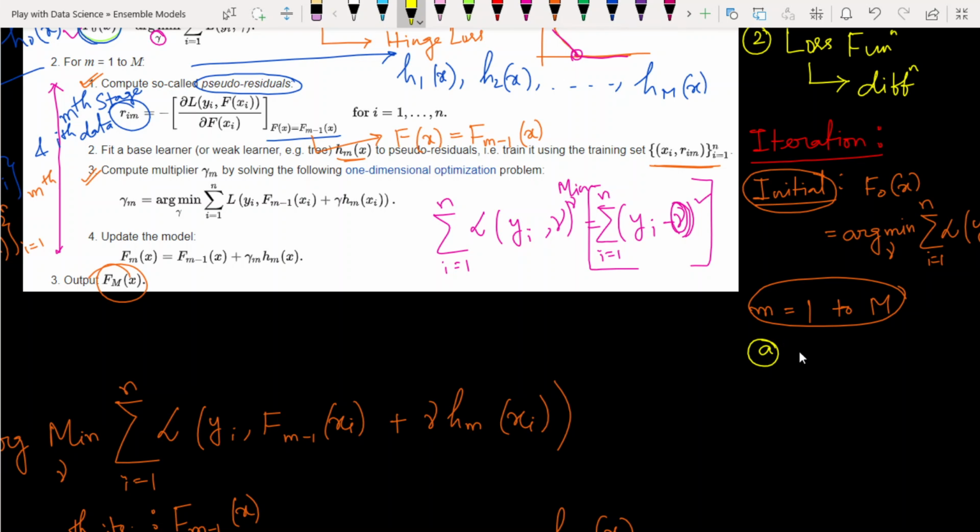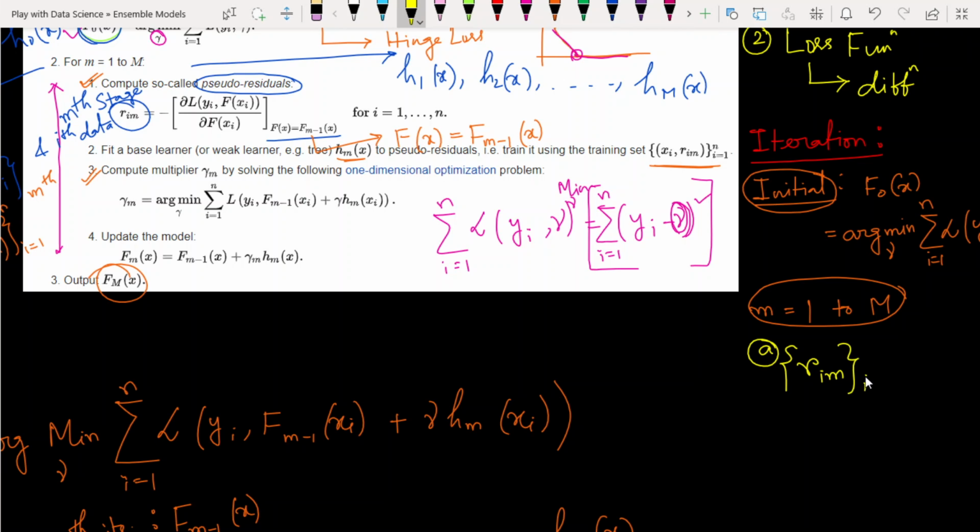We have to compute this r i m, and we calculate it for each i.